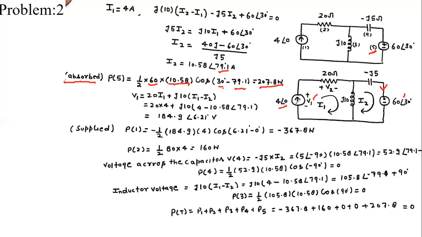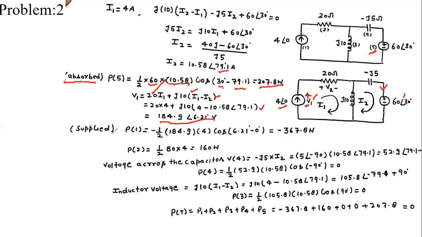So first, to calculate the power of this source, we are going to calculate the value of V1. So this voltage V1 is equivalent to 20 into I1, since the current in the circuit is I1, so this is 20 I1 plus j10, and the current is I1 minus I2. Now put the values of I1 and I2. We got the value of V1 as 184.9∠6.21.